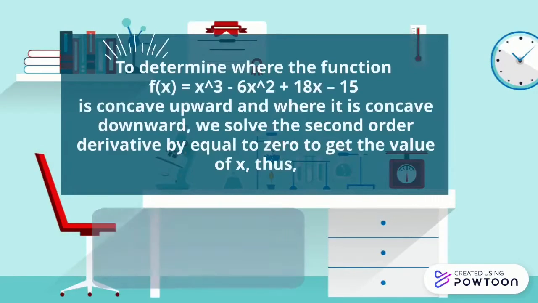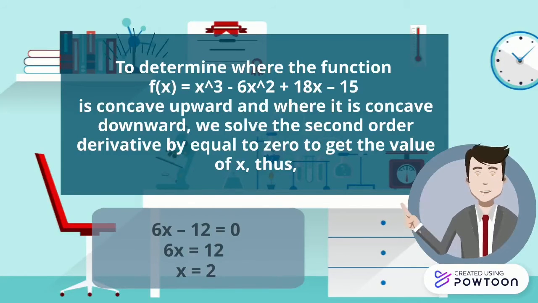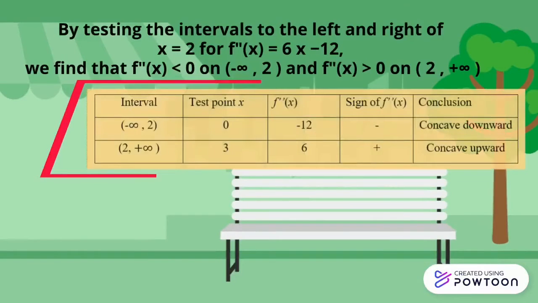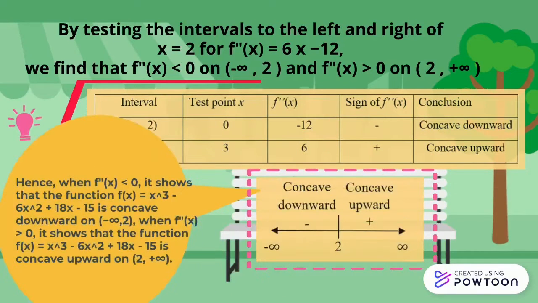Then, to determine where the function is concave upward and where it is concave downward, we set the second order derivative equal to 0 to get the value of x. So we get x equals 2. By testing the intervals to the left and right of x equals 2 for the second order derivative function, we find that the function is smaller than 0 on negative infinity to 2 and bigger than 0 on 2 to positive infinity.